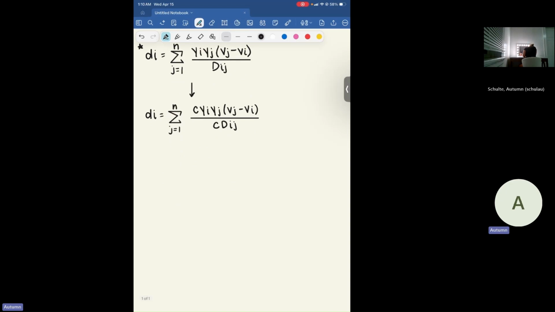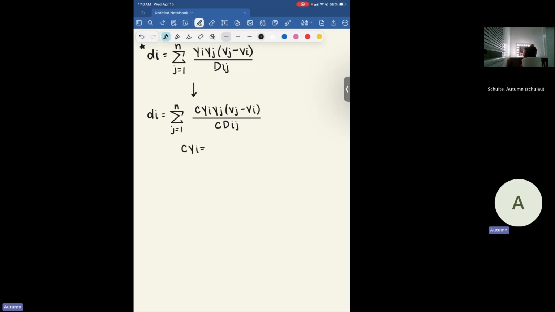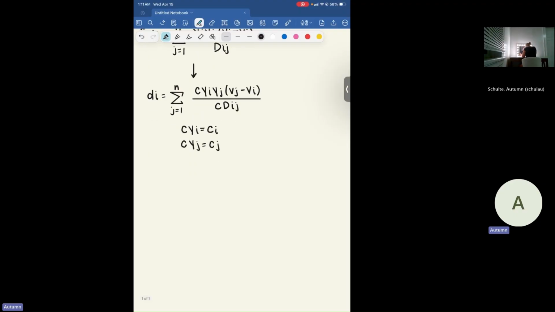One thing I want to point out is that when you multiply an overall concentration by a mole fraction, let's say, of component I, this gets you the concentration of component I. And the same thing applies for component J as well. So if you multiply the overall concentration by the mole fraction of component J, you get the concentration of component J. So knowing that, we are going to incorporate this logic into our equation.